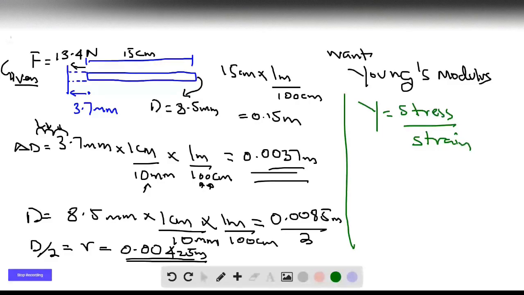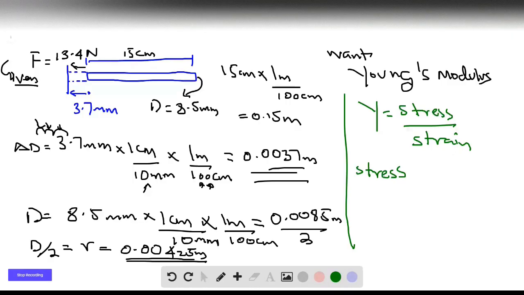When a tendon like this is undergoing some type of stress, the responsible element for the stress is the force, and we're asking what's the force causing this stress and what's the area that the force is acting on.